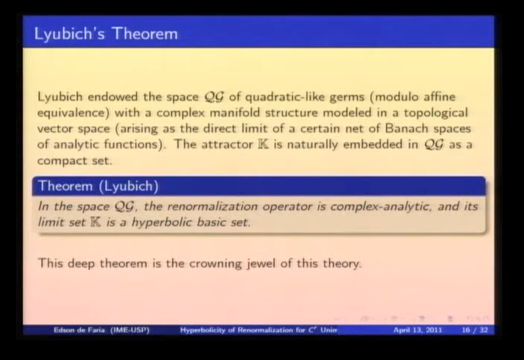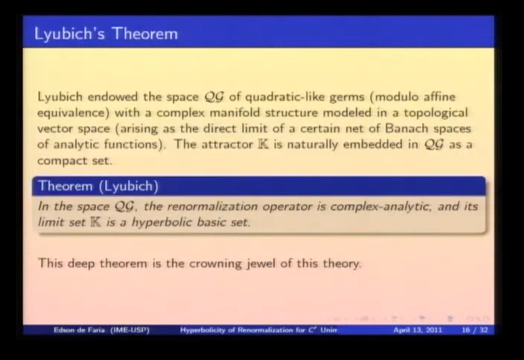The theorem by Lyubich, stated in a very vague way, is this: in the space of quadratic-like germs, the renormalization operator is complex analytic, and its limit set K inside that space is a hyperbolic basic set. And this is really a deep theorem.